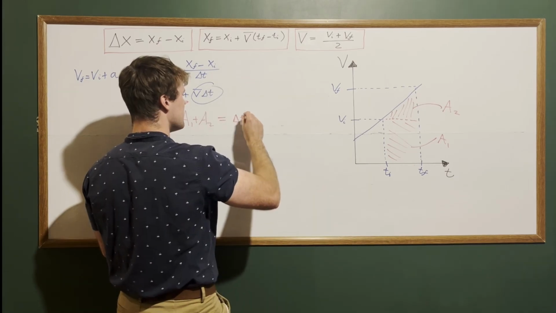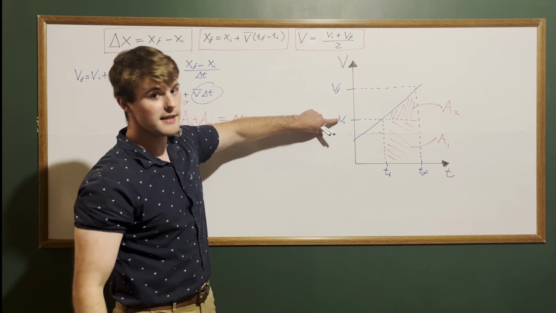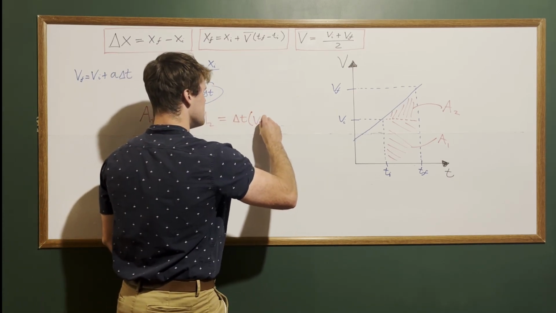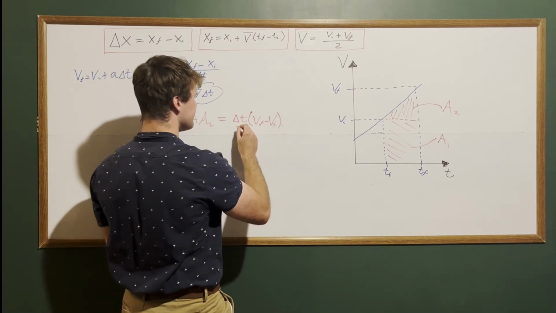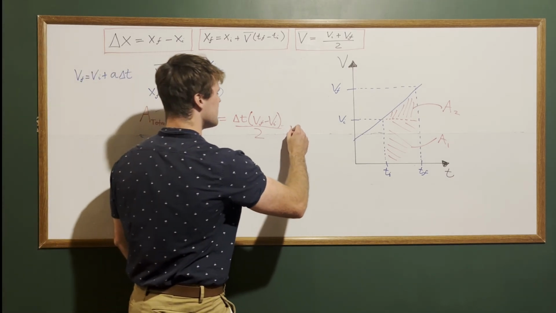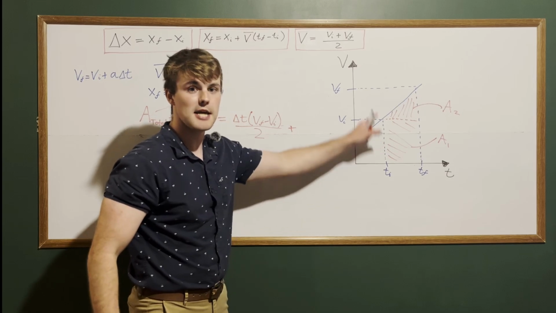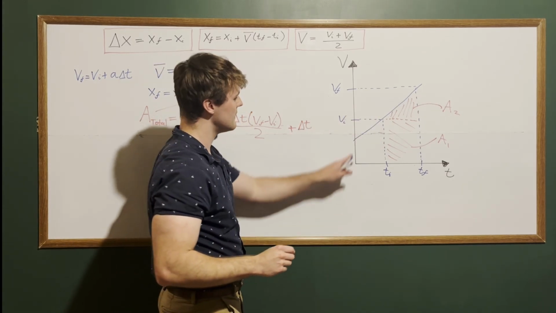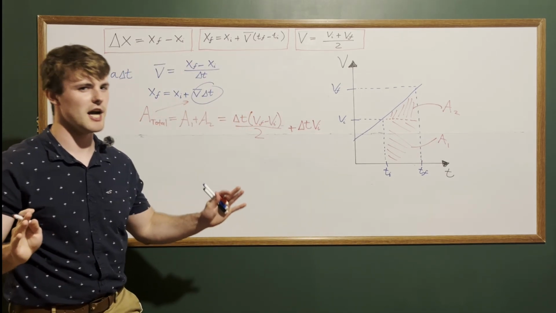Delta t times our height, which is just vf minus vi, so this length, divided by 2. That's our A1. And let's add it to A2, which is just base times height, which is delta t times our initial velocity. So we're literally figuring this stuff out using geometry.